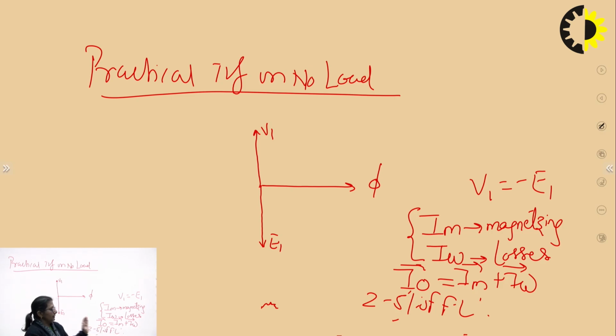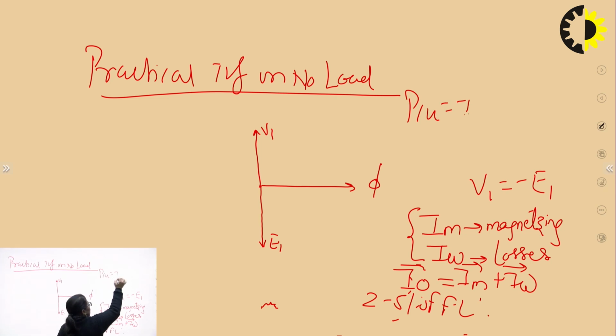Again we will be plotting this. Once again, this working component will make up for the losses, but which losses? Is it going to make up for the copper loss and the core loss? Definitely. But at the no load condition, the no load current is very small, just 2 to 5% of the full load current, so how do we give the copper losses?